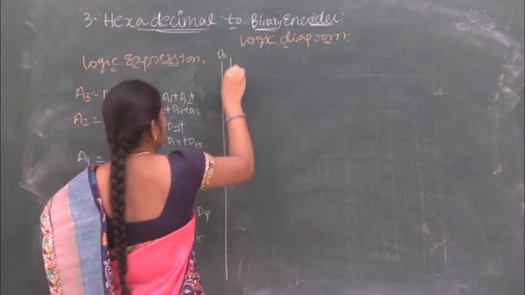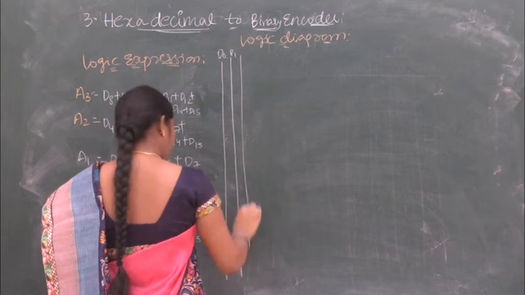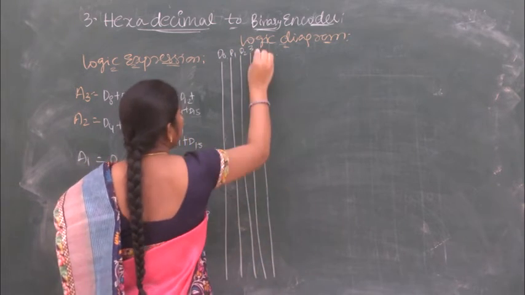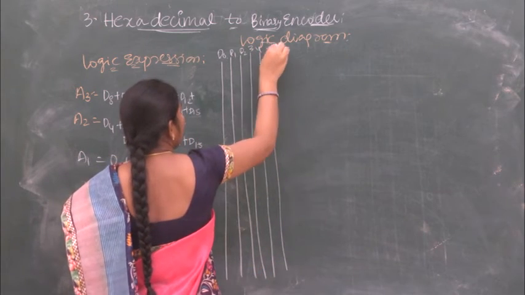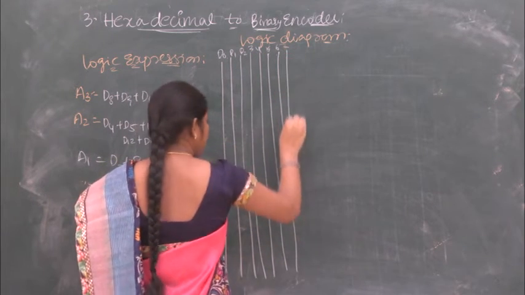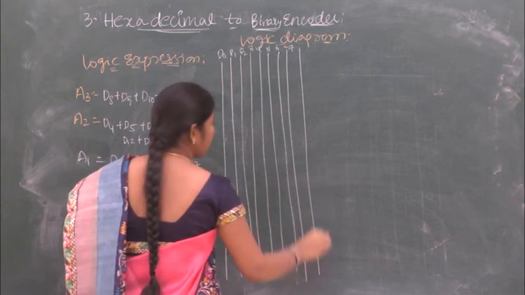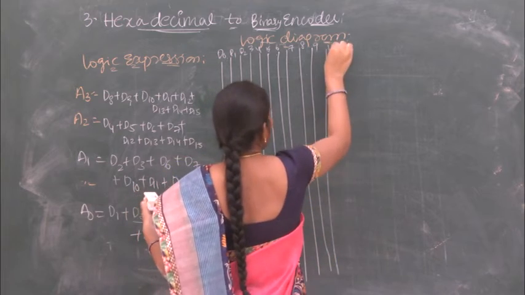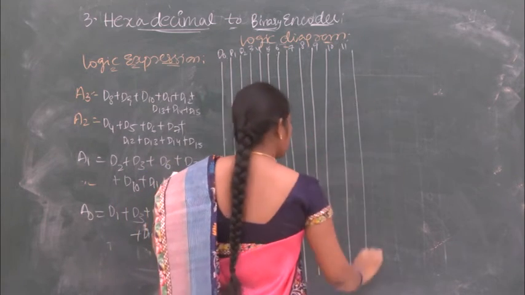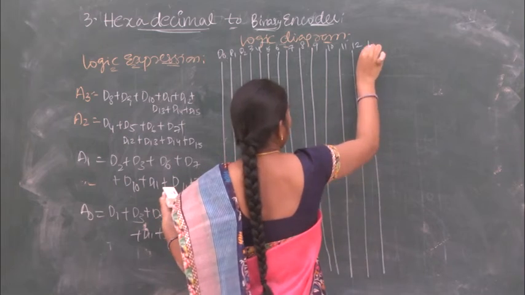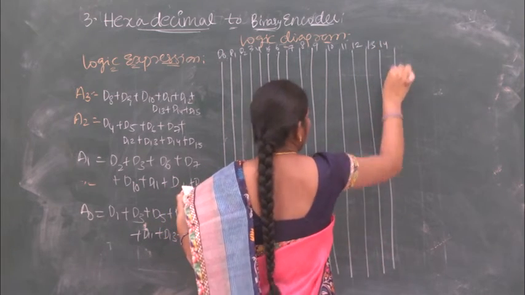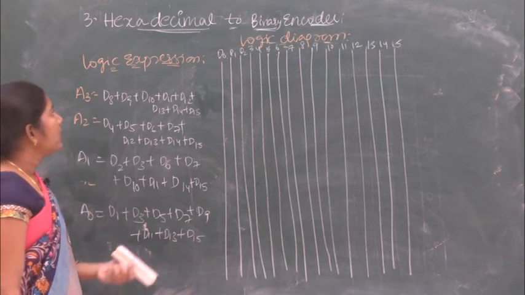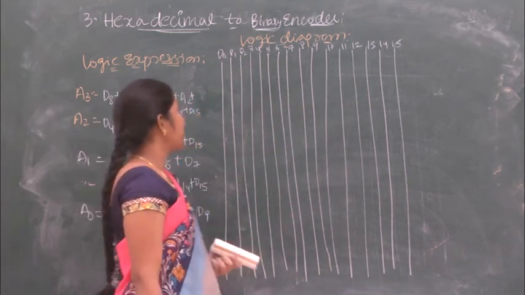So take all the input lines D0, D1, D2, D3, D4, D5, D6, D7, D8, D9, D10, D11, D12, D13, D14, D15. Right? Total 16 lines from 0 to 15.